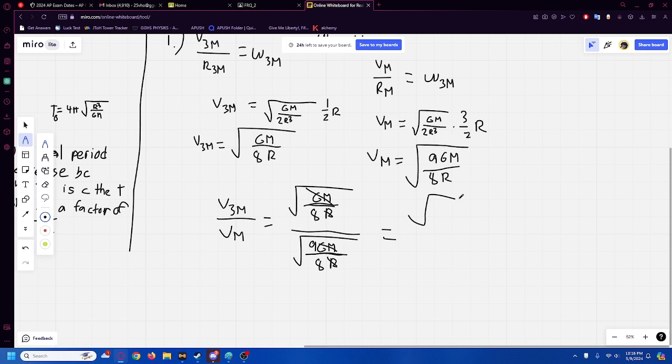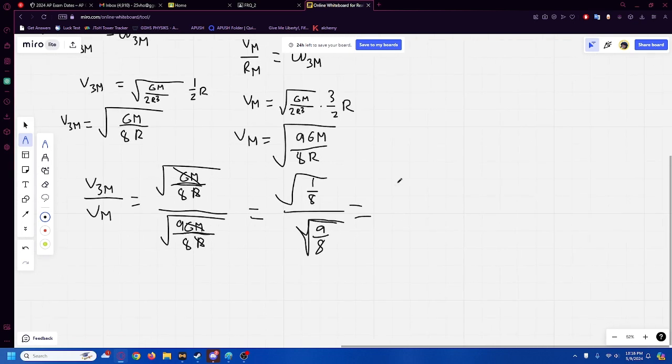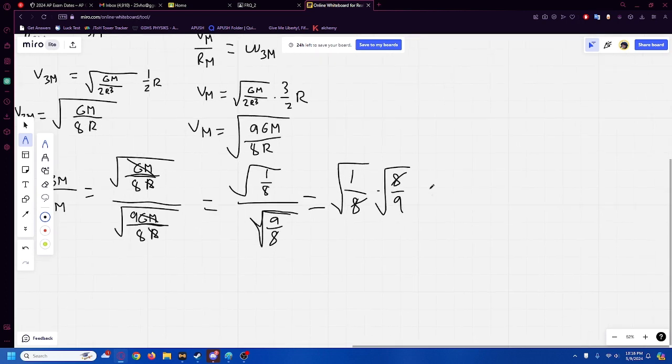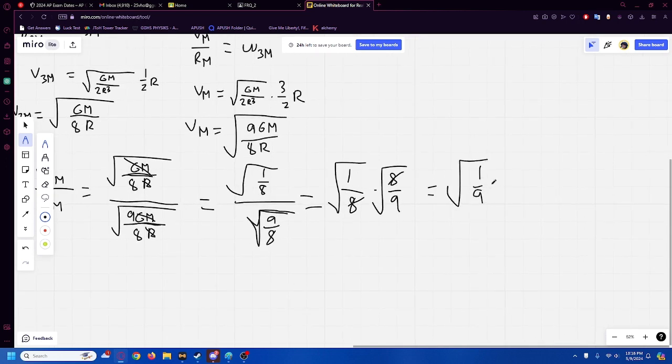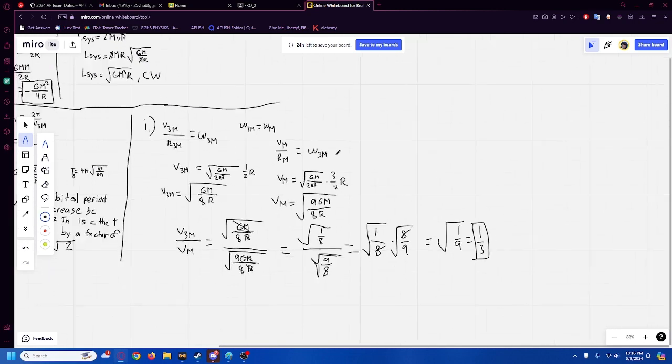So this will be √(1/8) over √(9/8), and you multiply by the reciprocal. The 8's cancel out, so this will be equal to √(1/9), and it's equal to 1/3. So the ratio for V_3m over V_m is 1/3.